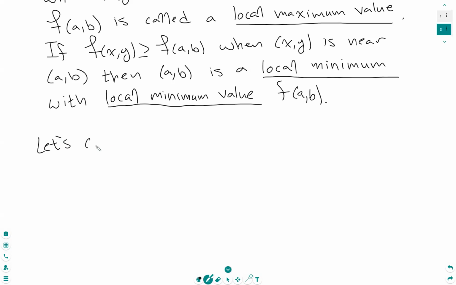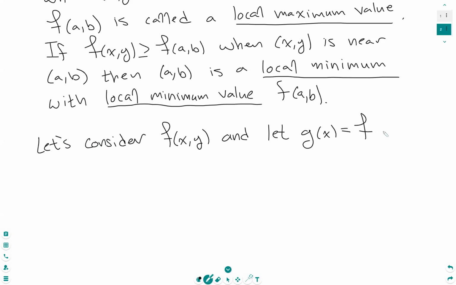So let's consider some function of two variables, x and y. And we're going to let g(x) be the function along the y equals b trace.